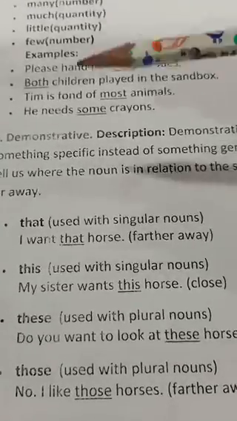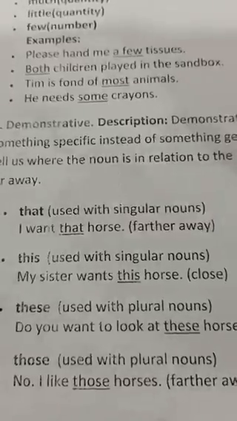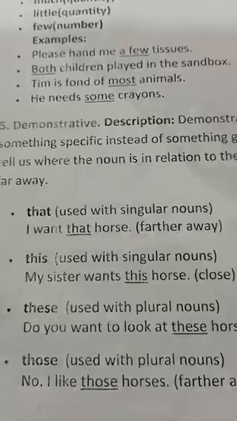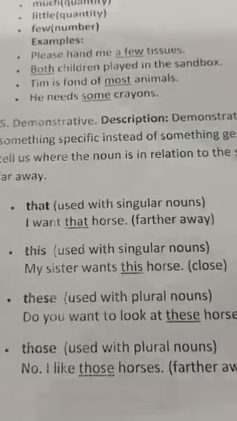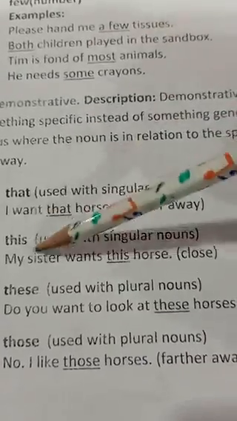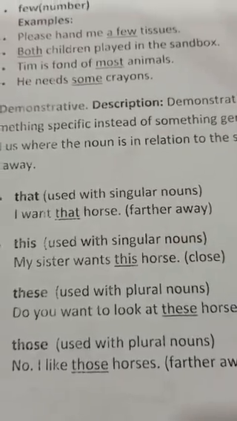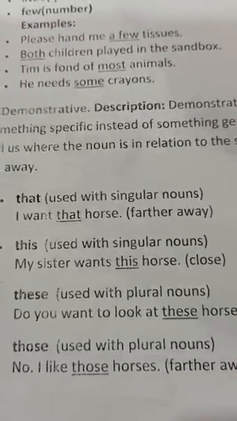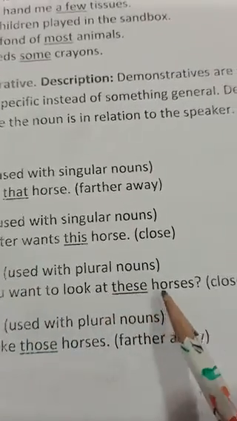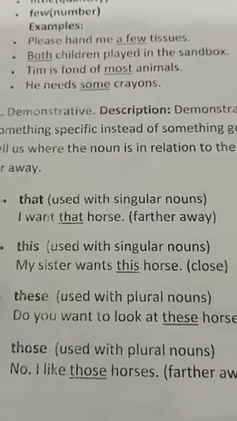Now an example: I want that horse. Meaning you are pointing. It is a singular noun, and you are pointing, which means it is far from you. My sister wants this horse means it is very close, and again a singular noun. Now, do you want to look at these horses means it is close to you and plural in number.